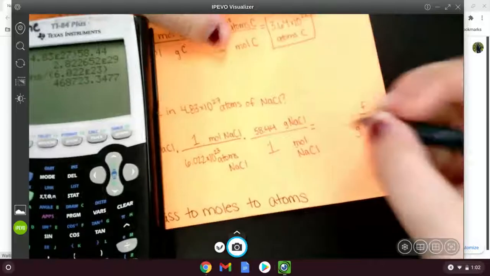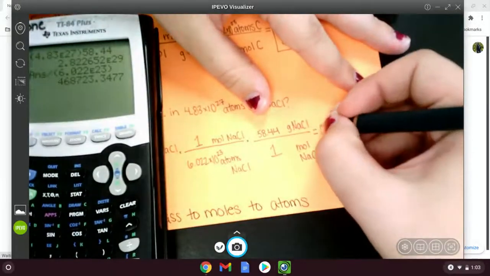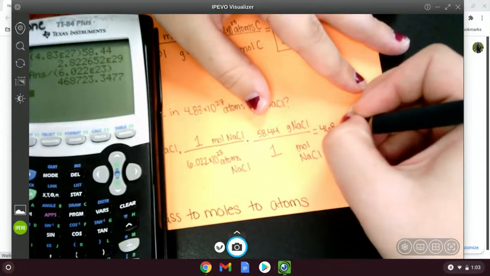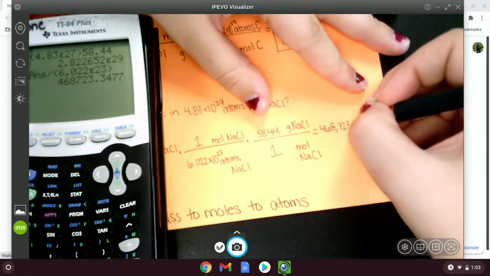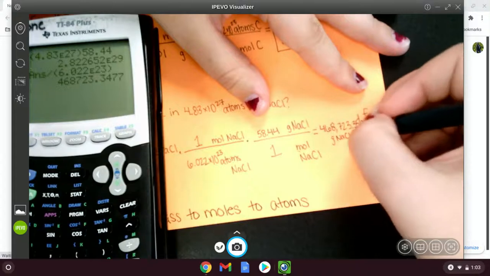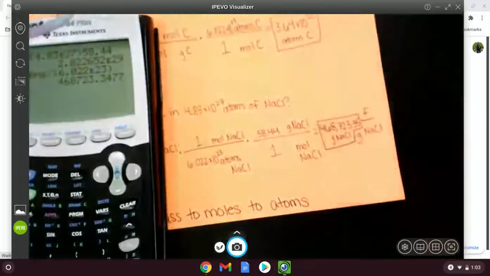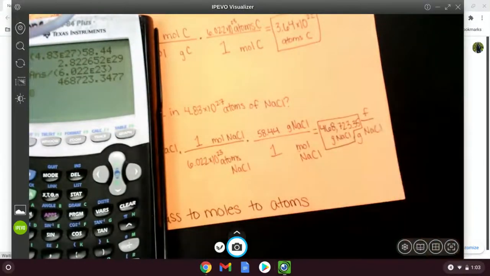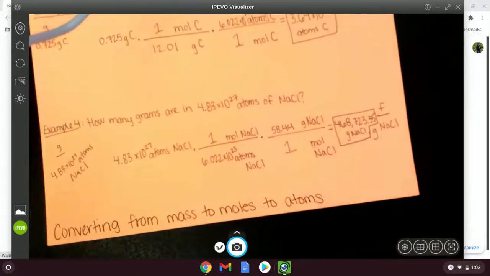So I'm going to write, and I'll switch sides, my answer is 4.68723 times 10 to the whatever, 3.35 grams of NaCl. Okay, and I'm going to put a box around that. It's a weird box because I ran out of space, but that's okay. We just improvise. And there you have it. That is our problem completely done.